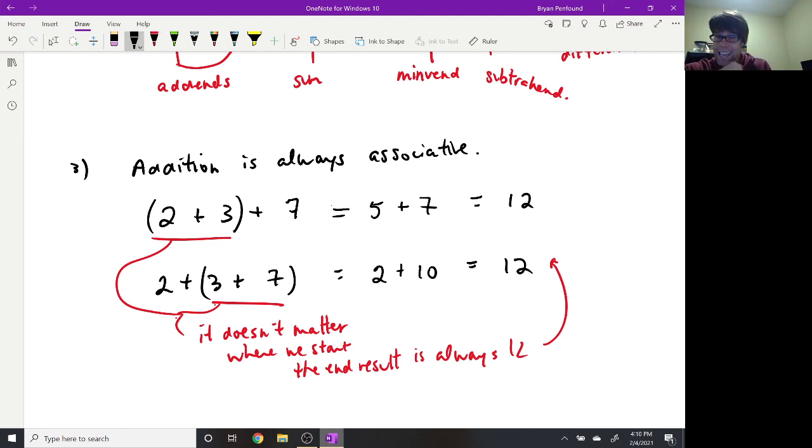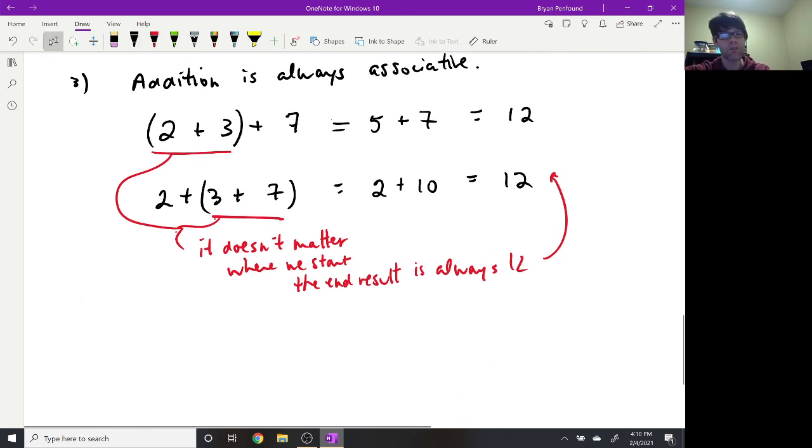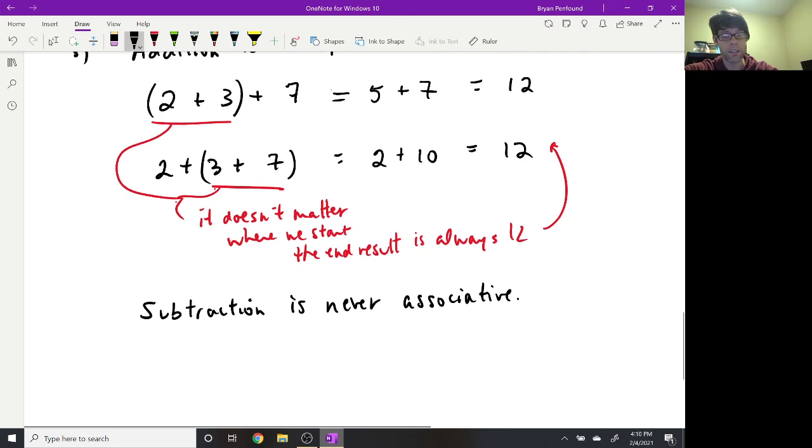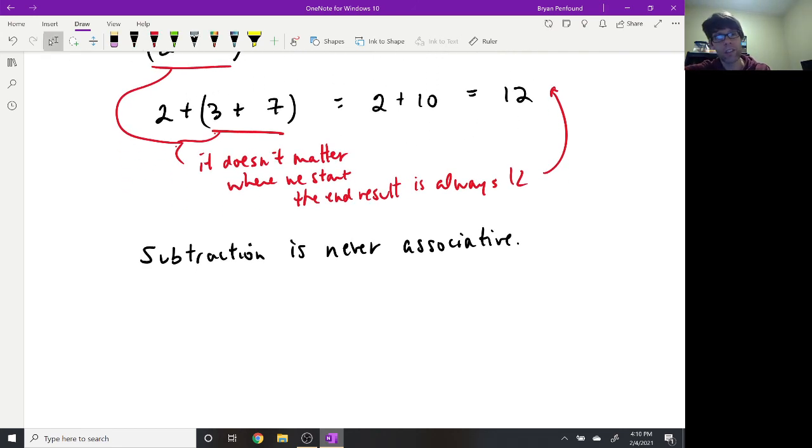Now this isn't true for subtraction, and in fact subtraction is never associative because it's not commutative. So we know that the order for a subtraction statement is important, so it makes sense that subtraction can't be associative, at least from my perspective.